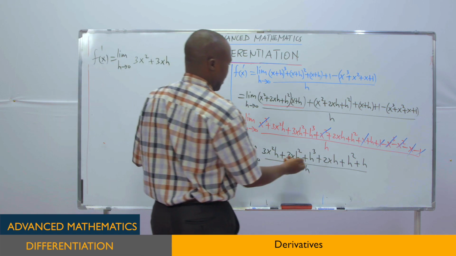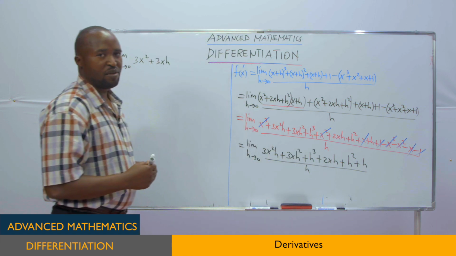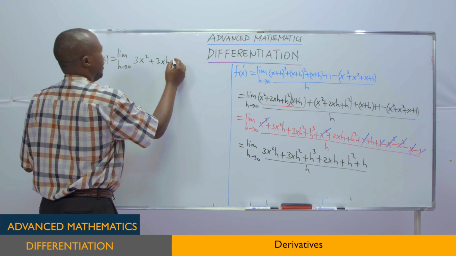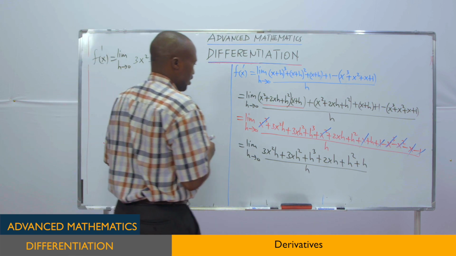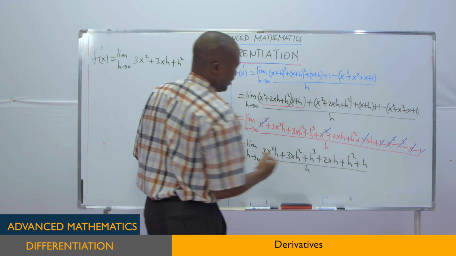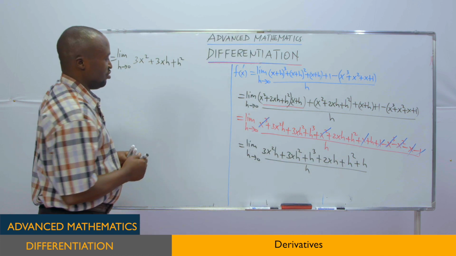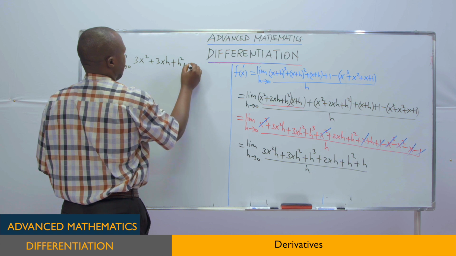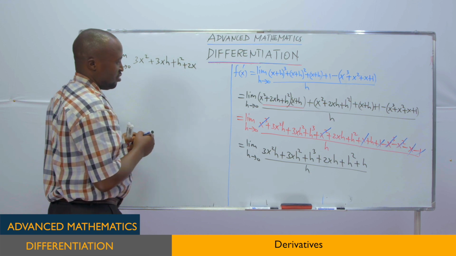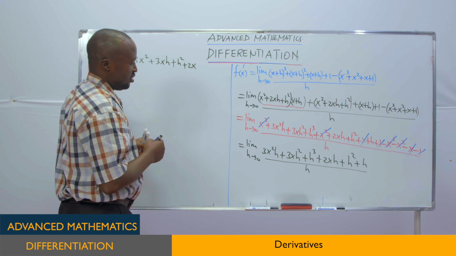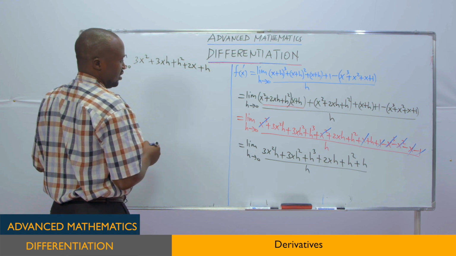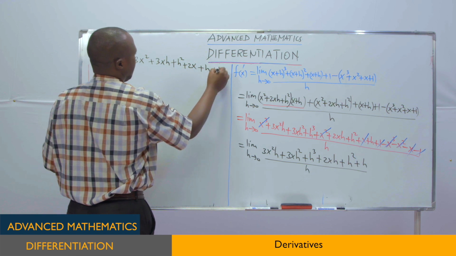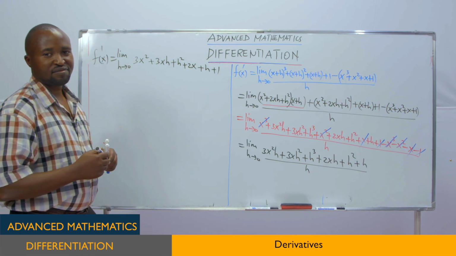Followed by h cubic divided by h, we have h squared. Then we have 2xh divided by h, we have 2x. We have h squared over h, that is plus h. And h over h, again, that is 1.